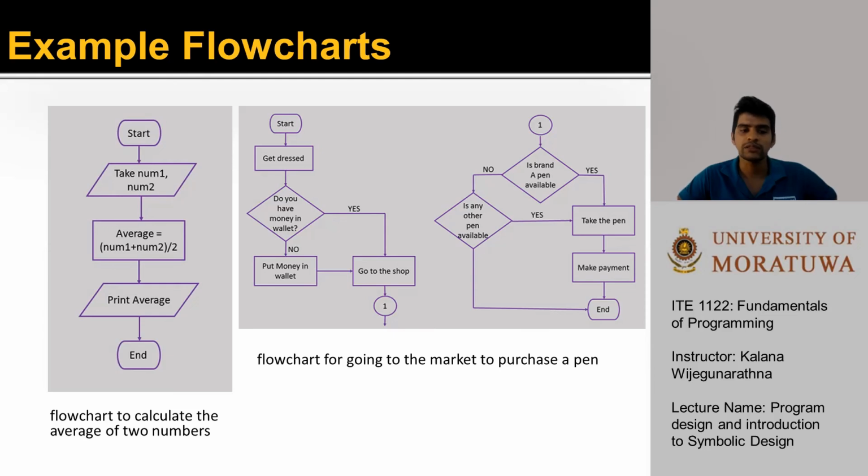The next example shows a flowchart of a person going to the market to purchase a pen. You can see there are two parts of the same flowchart, and they are connected using a connector referenced by the number 1. This flowchart walks you step by step in the process of buying a new pen. Make sure to pause the video and have a good look at it.